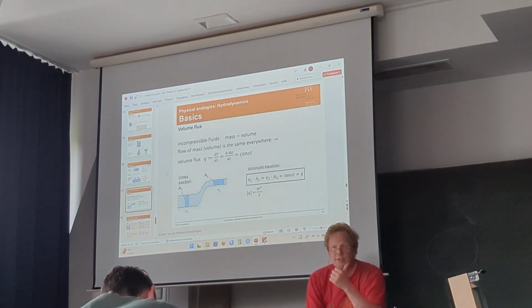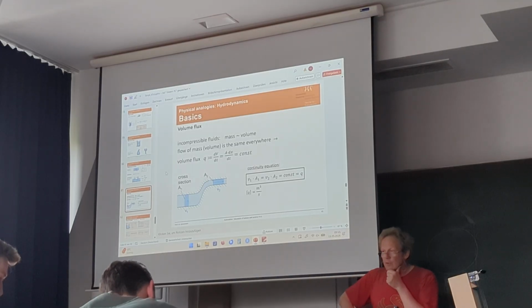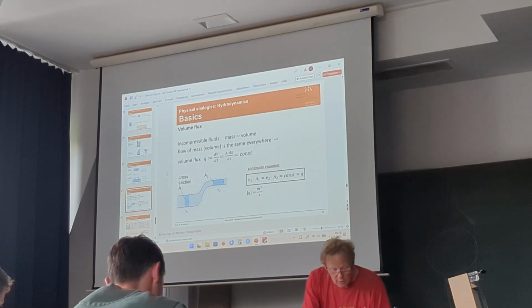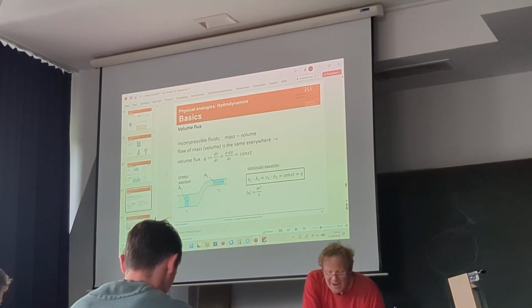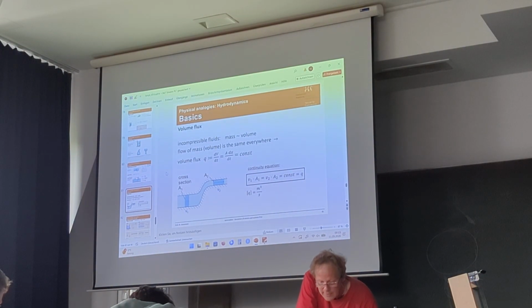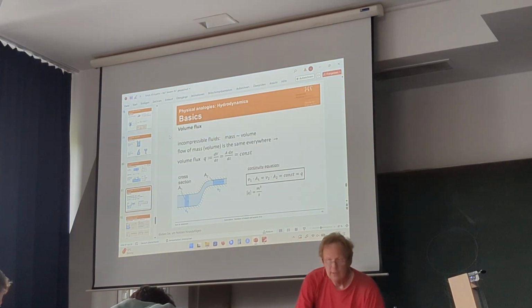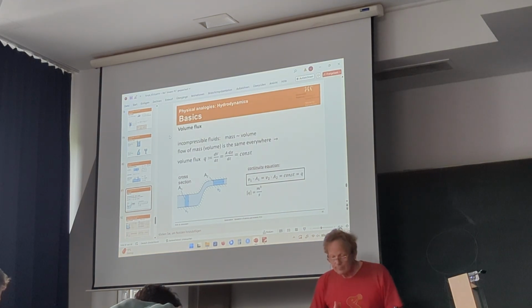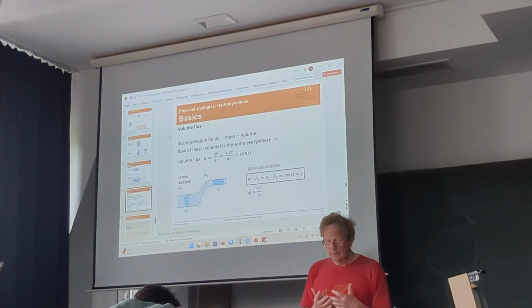Okay, so that's the first quantity. The second one is always a flux, something that flows. And of course here we transport mass, molecules of water or oil. The interesting thing here is the mass cannot be produced and it cannot vanish. Mass is continuous.